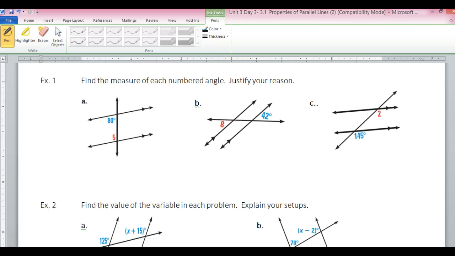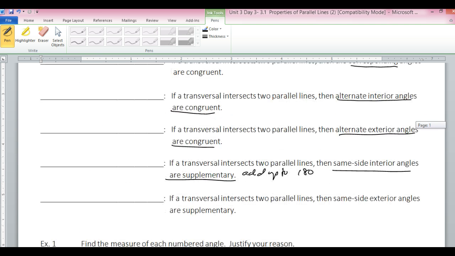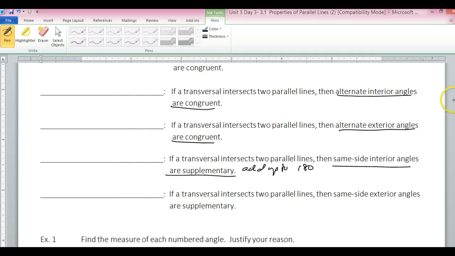So how do we put these into examples? When you look at example 1a, we're looking for the measure of angle 5. What relation does it have in terms of the 80 degrees? These are same side exterior angles, or sorry, same side interior angles. And up above, what did we say same side interior angles were? We said they were supplementary.